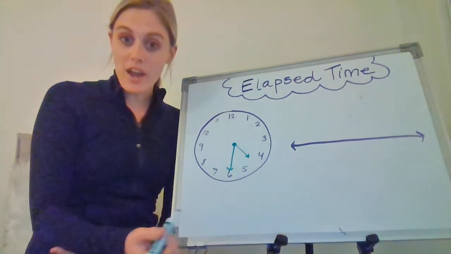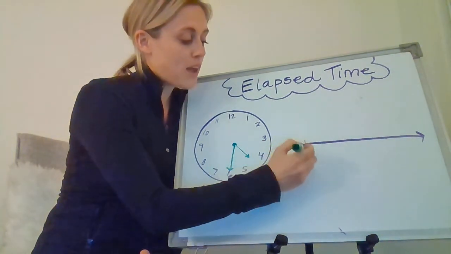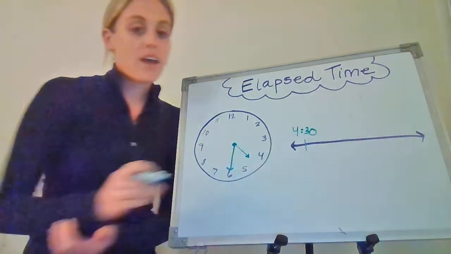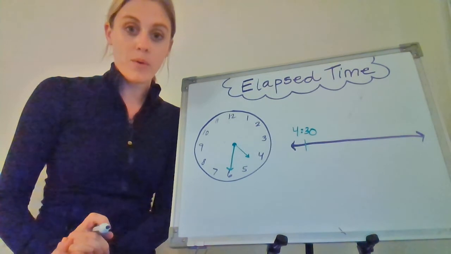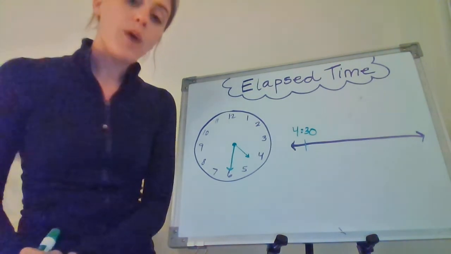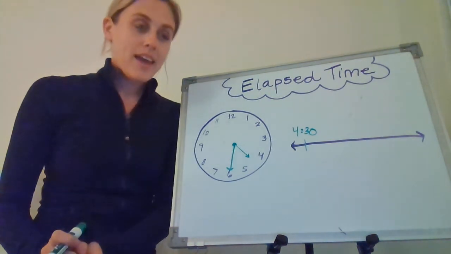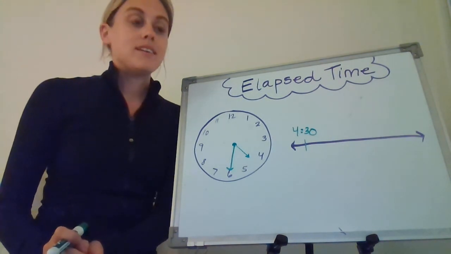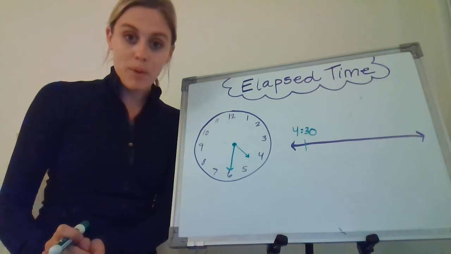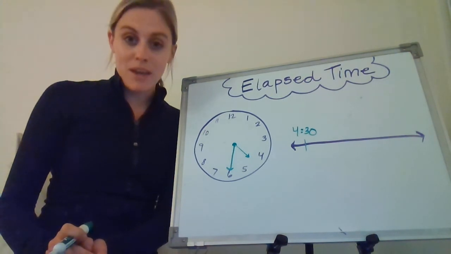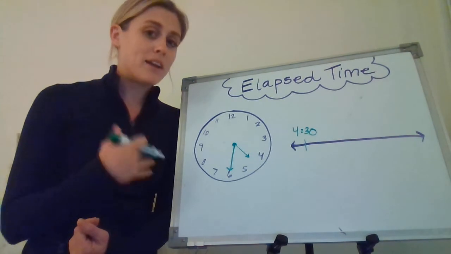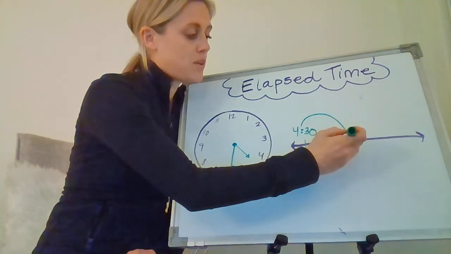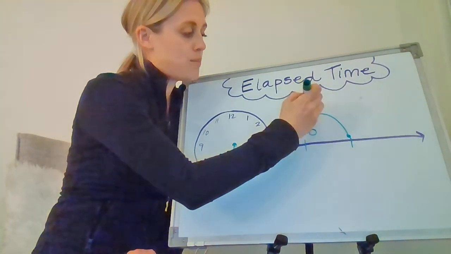So let's say we're starting at 4:30. On my number line, I'm going to mark at the beginning, because this is going to be the start of our time, 4:30, okay? And let's say while you're getting ready for dinner, it takes you 30 minutes to clean up all of your stuff, put it away, and get your space all ready. So I'm going to be adding 30 minutes. On my number line, I'm going to jump 30 minutes.